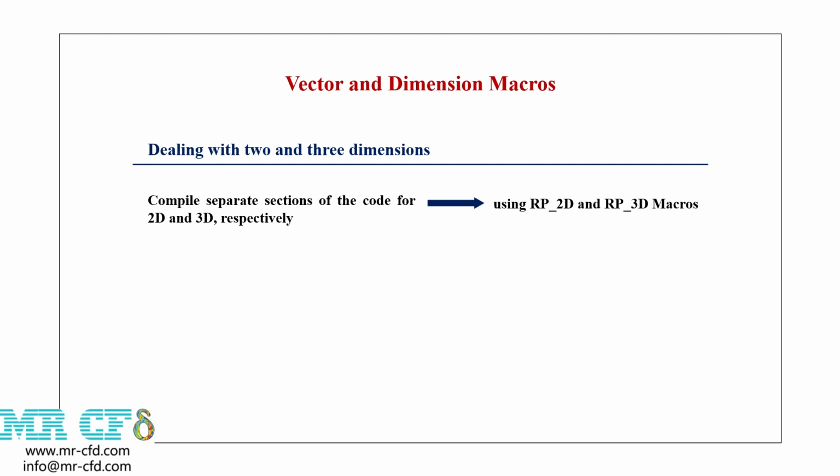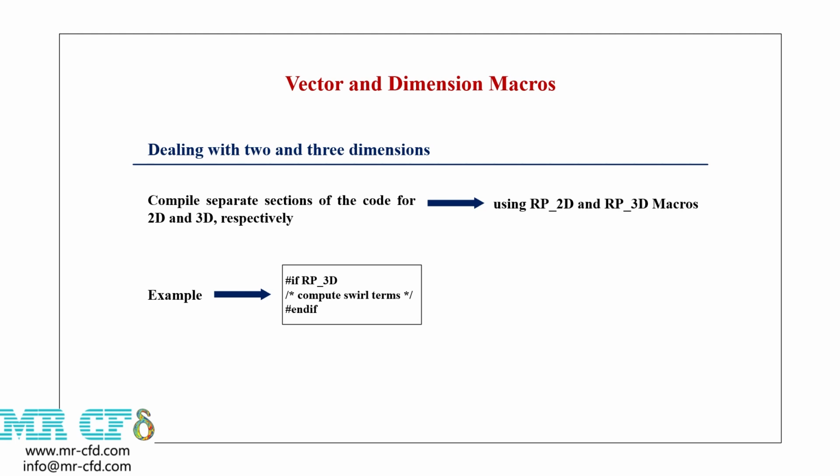For this purpose, we use the if condition statement and RP_2D and RP_3D commands to divide the desired program into 2-dimensional and 3-dimensional parts. If we use one of the RP_2D and RP_3D macros in an if conditional statement, the program will be divided into 2-dimensional and 3-dimensional parts.